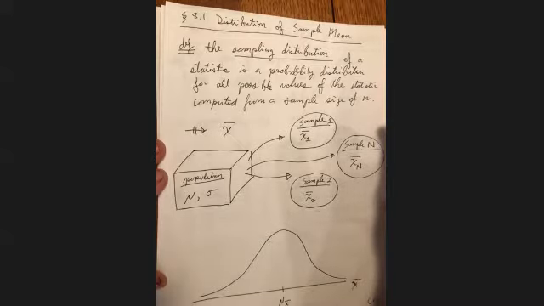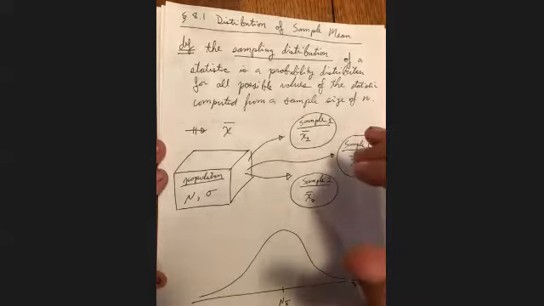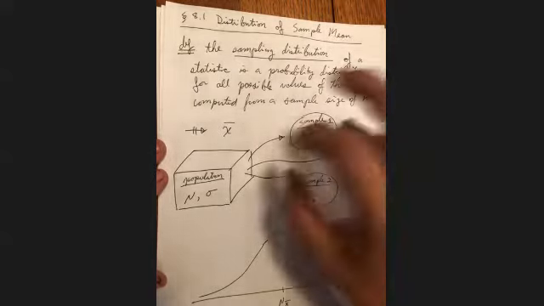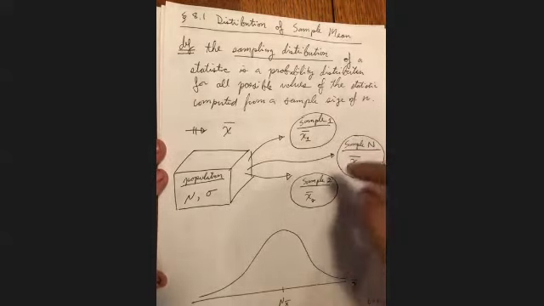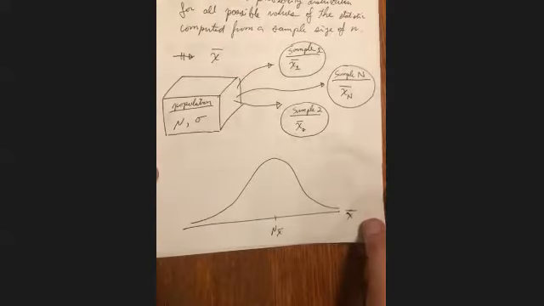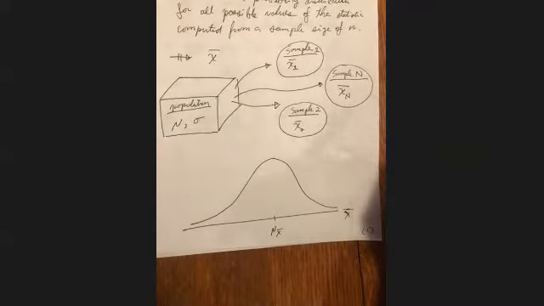So that's the scenario. If we plot the computed sample means for each sample that we've taken out of the population as a distribution, it turns out that more often than not, the distribution of those sample means will be normal, regardless of how the population is distributed.